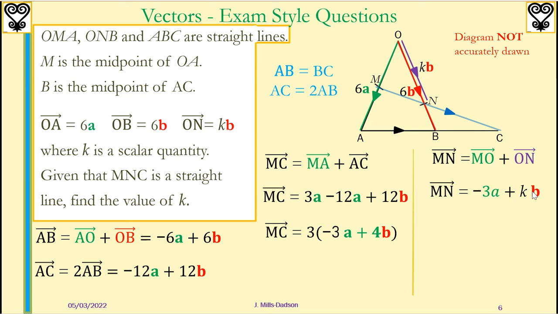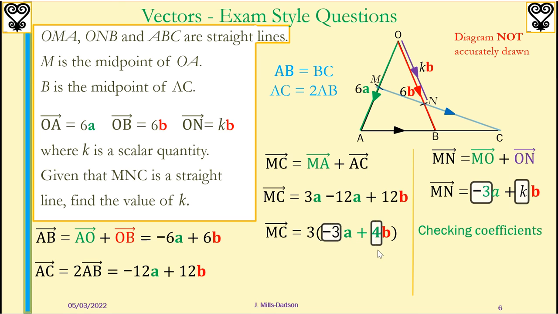Negative 3A plus KB. Now, if you look at this carefully, it confirms that, yes, if it is really a straight line, you see we have negative 3 here, we have negative 3 here, and then A. We have a K, we don't know the value, and we have a B. For MC to be a multiple of MN, this value must conform to what we have in the bracket here, because this is the multiple.